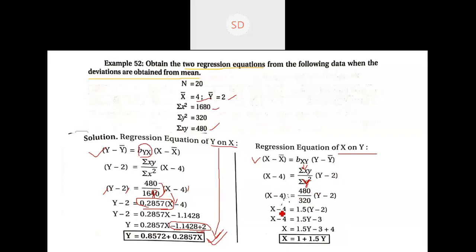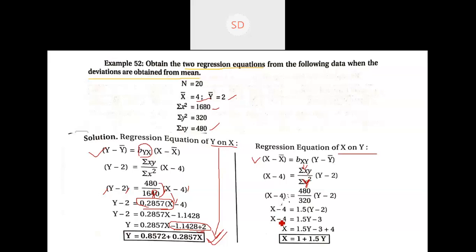Fine. Next, x minus 4. You can still keep the brackets, there's no problem. Is equal to 480 by 320 will give you 1.5 into y minus 2. Then again, going on further, x minus 4 is equal to 1.5 into y will give me 1.5y, and 1.5 into 2 is minus 3 here.